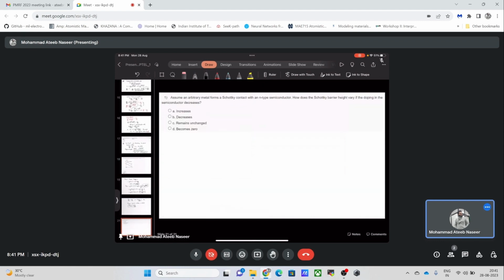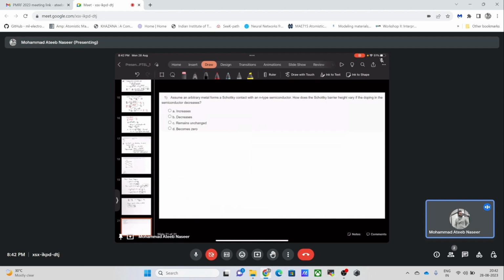Now this problem, as we had discussed in the live session, we had vastly discussed this metal semiconductor junction, and we had studied how this can result in two types of contacts. One is the Schottky contact and the other is the ohmic contact.